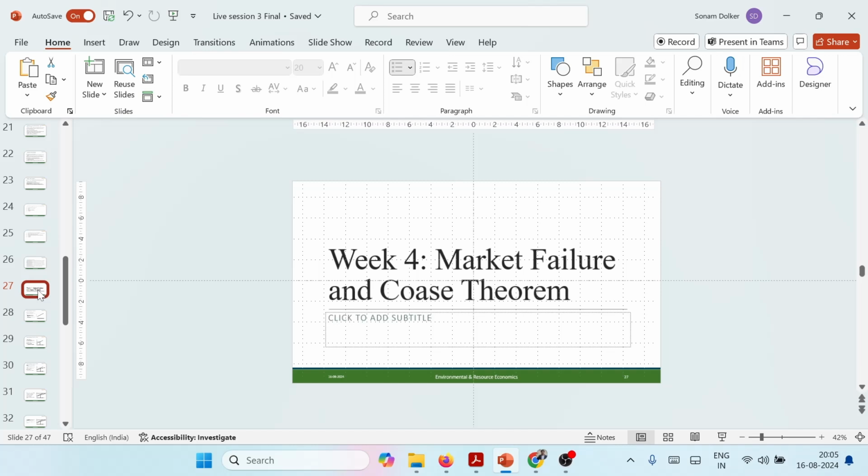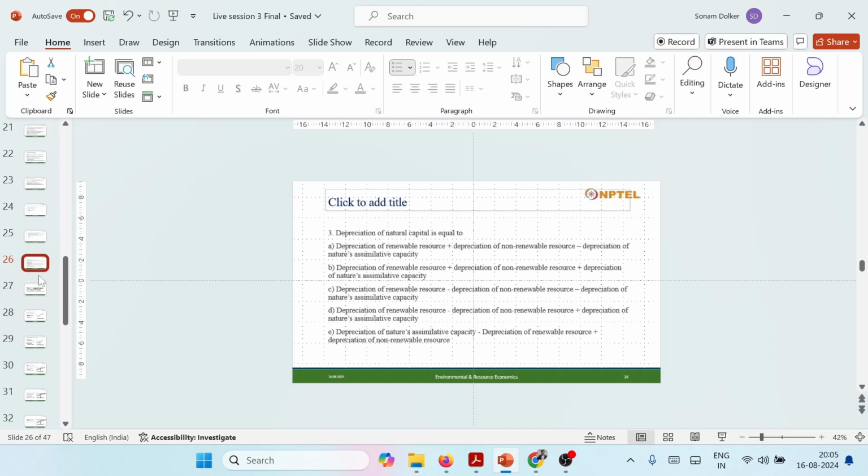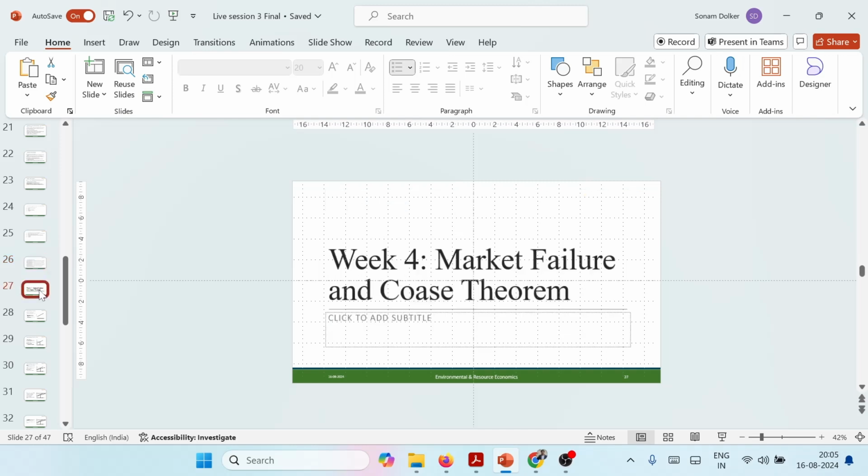After that, we tried to understand Daly's principle of sustainable development, and then Porter's hypothesis. What are the arguments in favor of Porter's hypothesis, and then the arguments which are against it, or what are the criticisms which Porter hypothesis received, right? So these are a few of the things which we have learned.